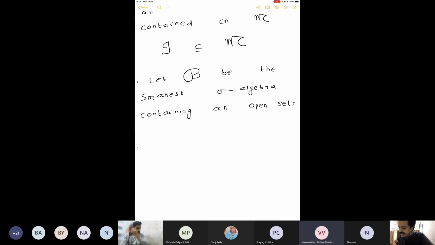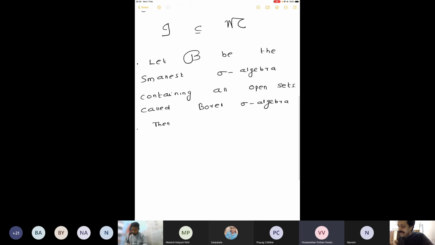Then one obvious thing is that script B is contained in script M, and both are sitting inside the power set of R.